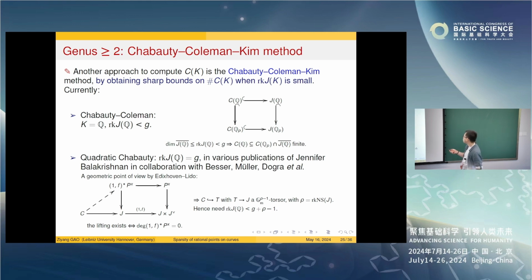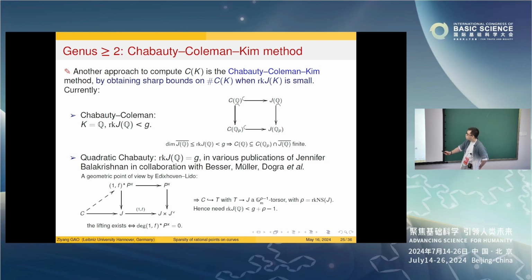Why do we need the rank to be small? Here, let me explain this. The classical Chabauty-Coleman applies when K is Q and J_K has rank smaller than g. Because here is what we do. We have this set C(Q) inside J(Q), but then we take a prime number p to put C(Q) into C(Q_p).